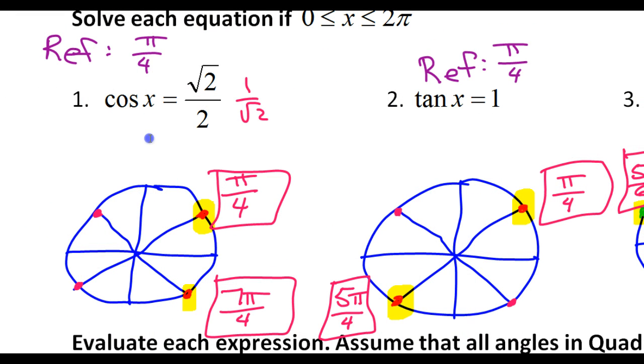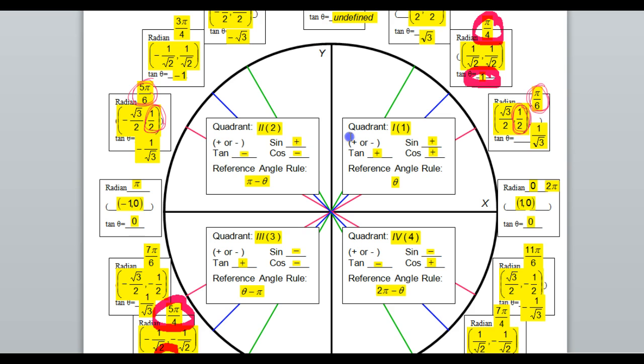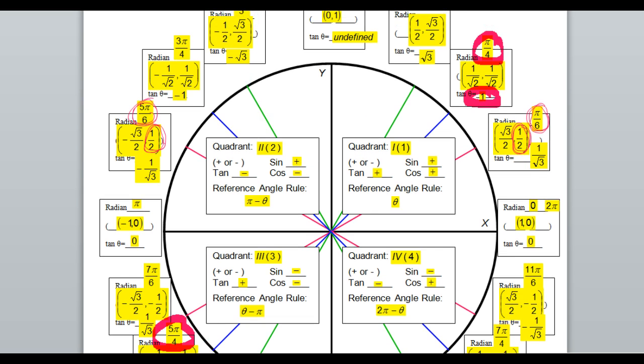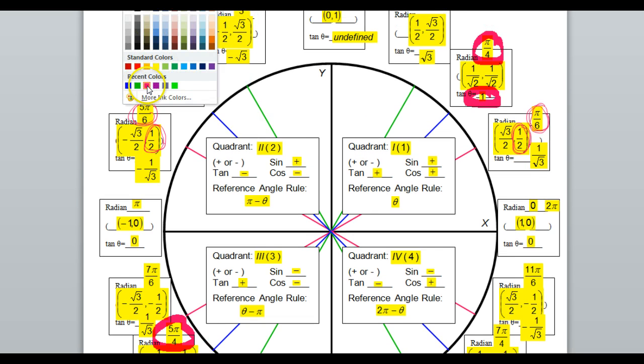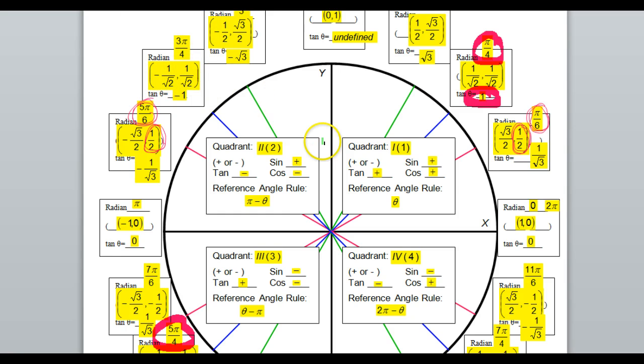And again on this one. Now remembering that radical 2 over 2 is the same thing as 1 over radical 2, what angle has a cosine of 1 over radical 2? Well, let's see. Better switch colors. I'll do green. Okay, I'm looking for 1 over radical 2. Okay, and cosine is the x value. So I see negative 1 over radical 2.